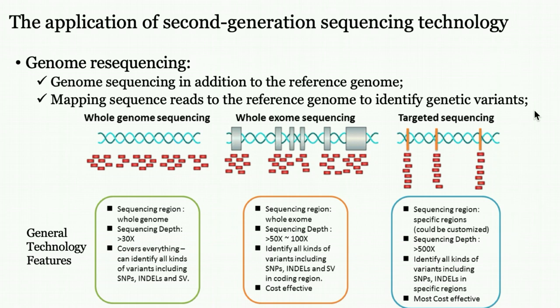And those are the major technology features you need to understand. For whole genome sequencing, if you want to get high quality, usually you need to have 30-fold coverage. Basically, you need to sequence every region on average 30 times. For targeted sequencing, you can sequence even more. Because you have only targeted places, you can reduce the cost.